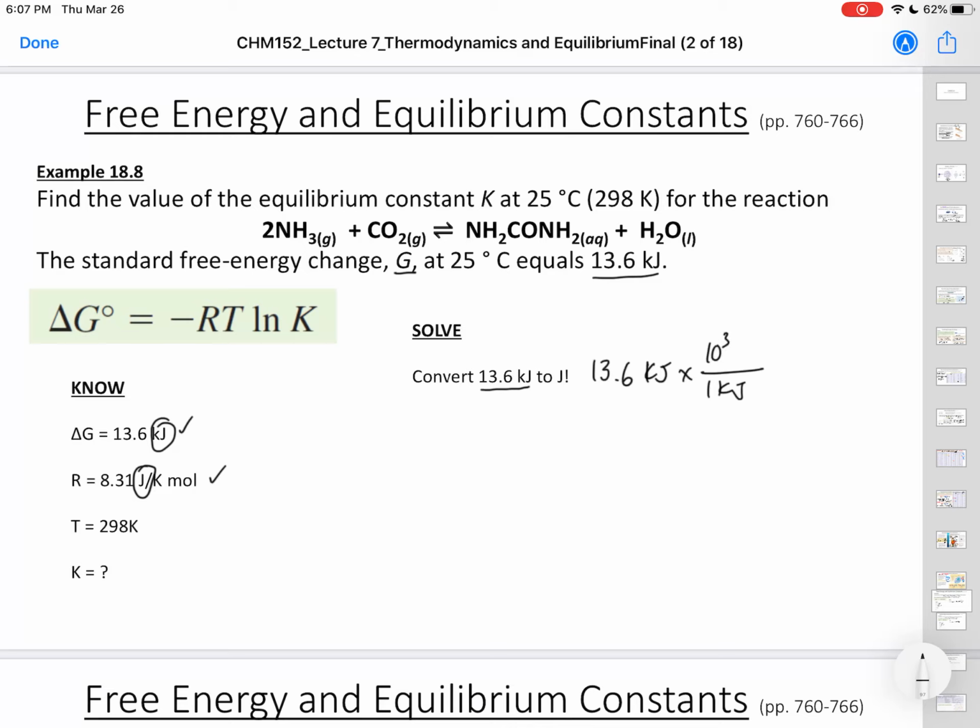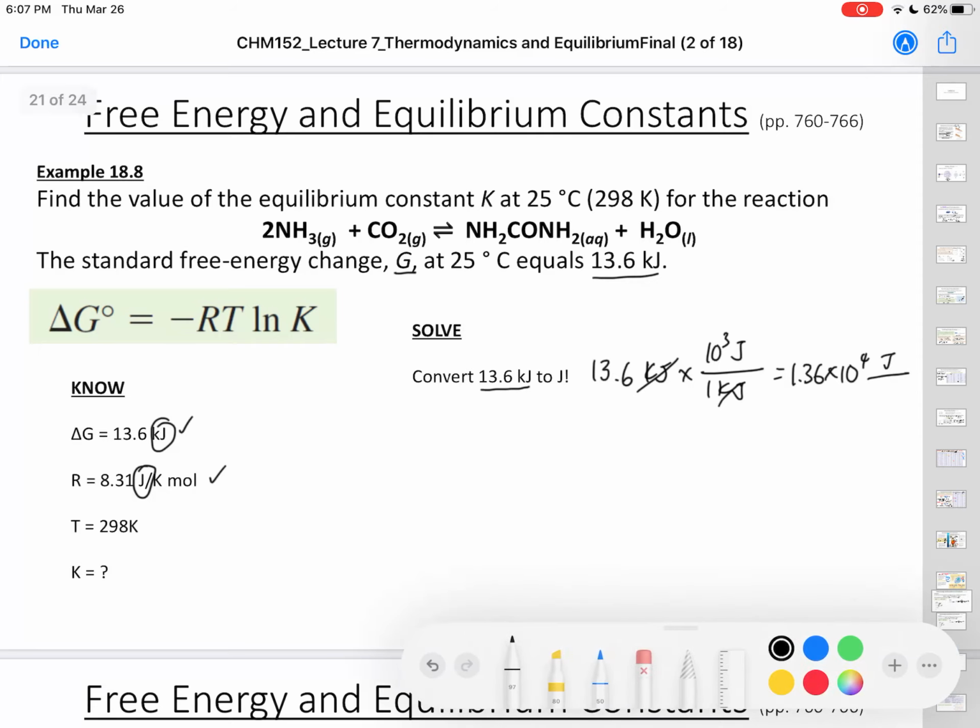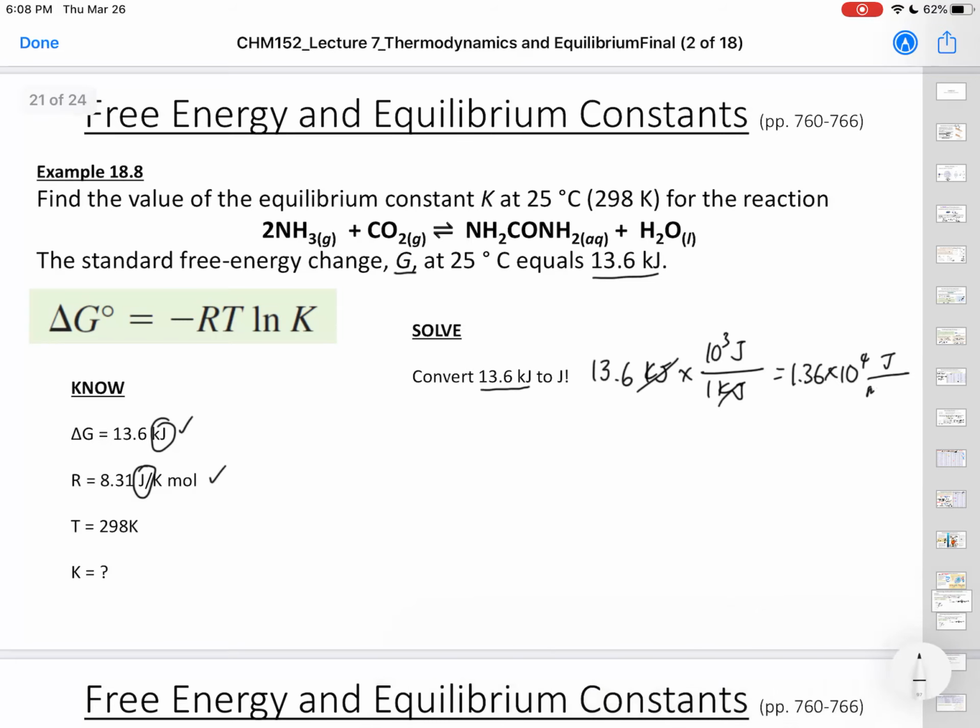So you go 13.6 kilojoules times 10 to the third joules per kilojoule. This comes out to 1.36 times 10 to the fourth joules per mole.